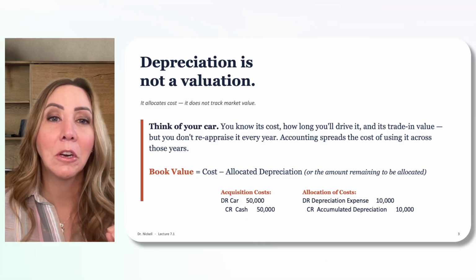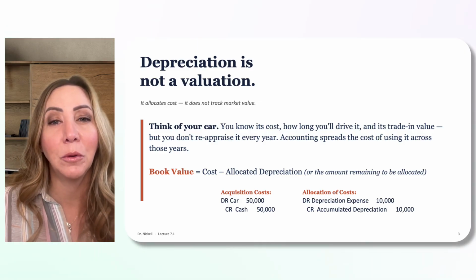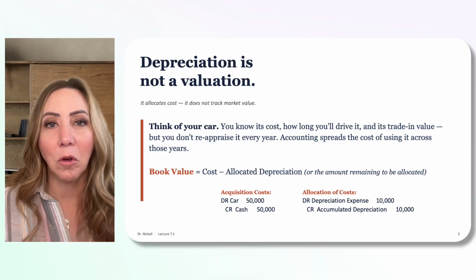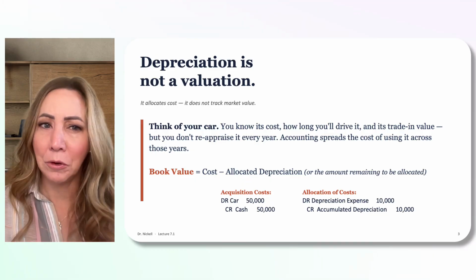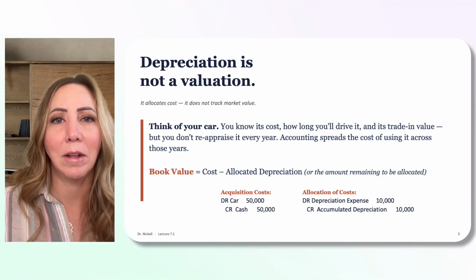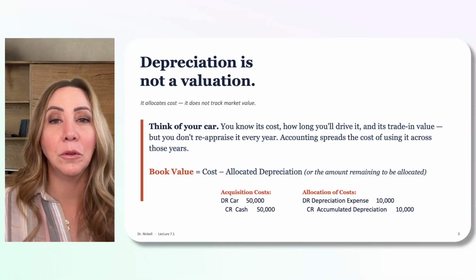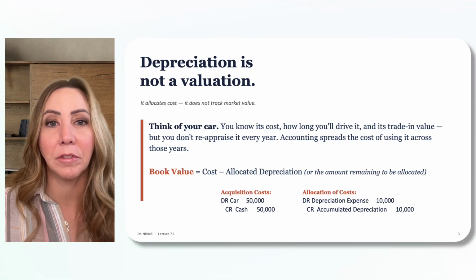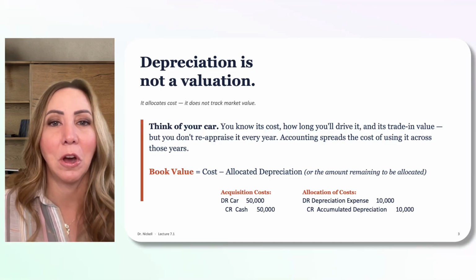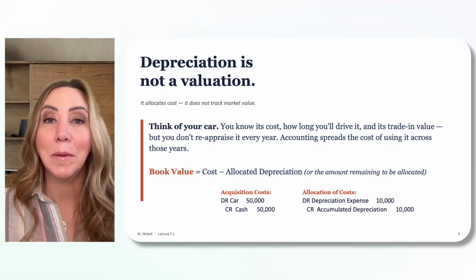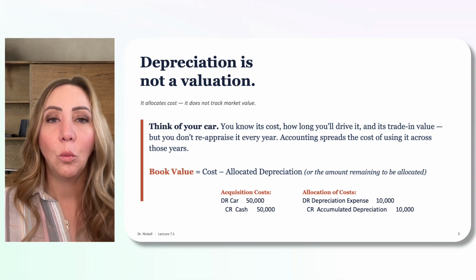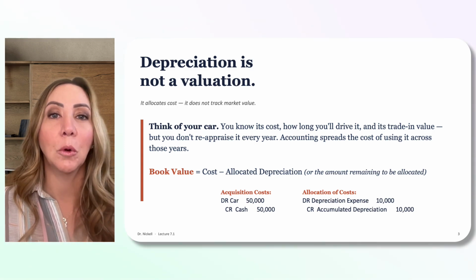Now, the amount a car actually loses in market value is wildly uneven. We've all heard the old adage that a new car depreciates the second you drive it off the lot. And there's certainly some truth to that. A new car can lose 20% the moment you drive it off the lot. But in accounting, that's not what we're talking about when we say depreciate. Maybe the asset's worth less, maybe it's not. We are not accounting for the asset's value over time.